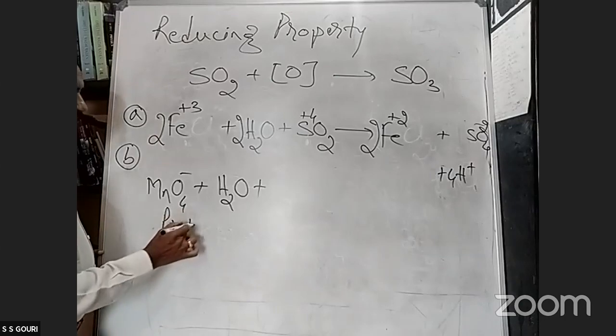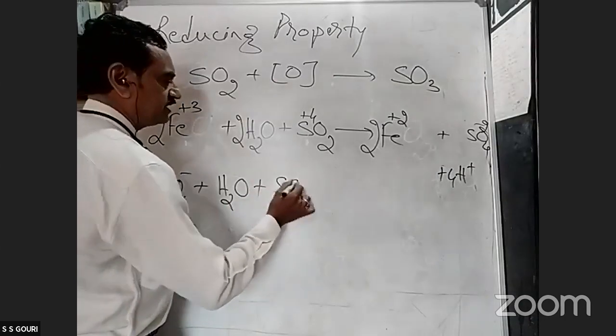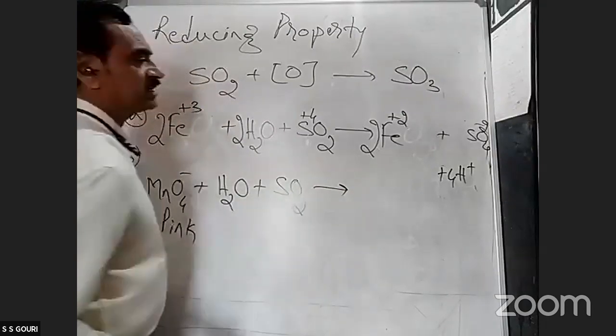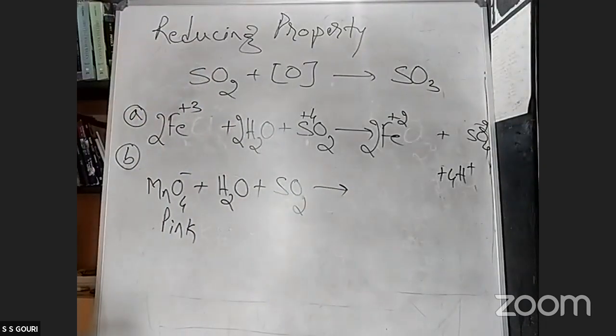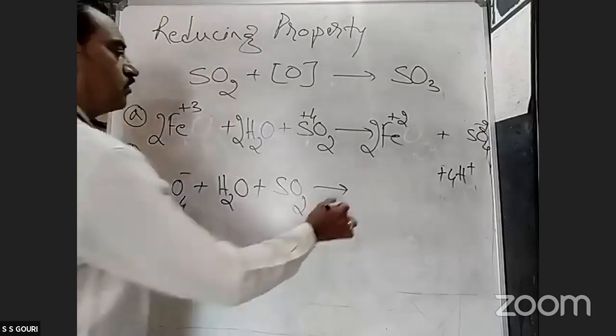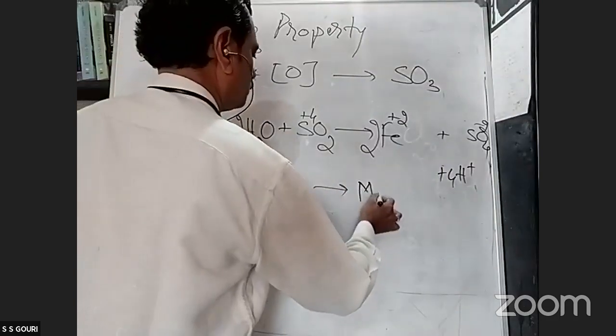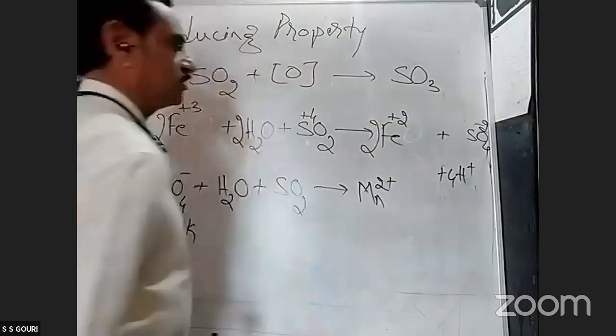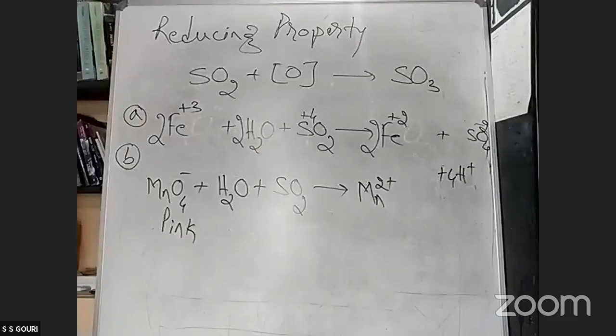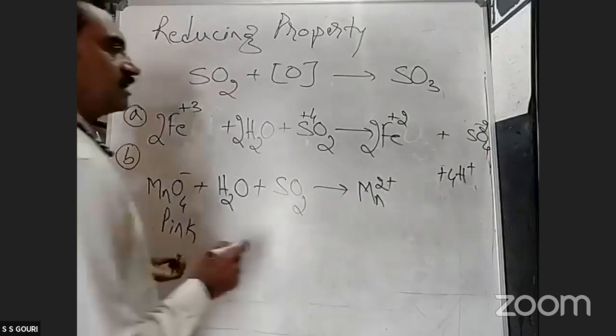Now you pass sulfur dioxide into it. ಇದ್ರೊಳಗೆ SO2 ಗ್ಯಾಸ್ ಪಾಸ್ ಮಾಡ್ತೀವಿ. What happens is MnO4 minus is converted into Mn+2. So the pink color of KMnO4 or permanganate ion is discharged. Pink color discharge ಆಗಿಬಿಡ್ತದೆ.